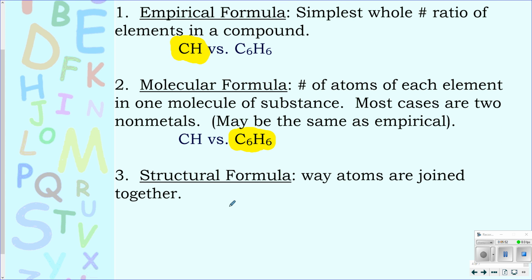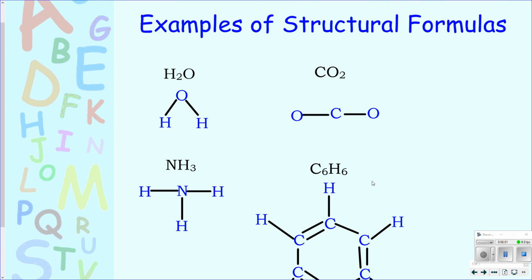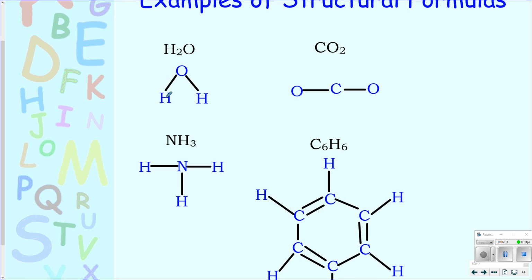Structural formulas are going to allow us to see how your atoms are joined together. On this next slide, these are all examples of structural formulas. So we have kind of a bent shape here with hydrogen in this, oxygen in the center and hydrogen branching off, or a linear shape here where we have carbon in the center and oxygen on the outside, or kind of like a T shape where you have nitrogen in the center and 3 hydrogen.